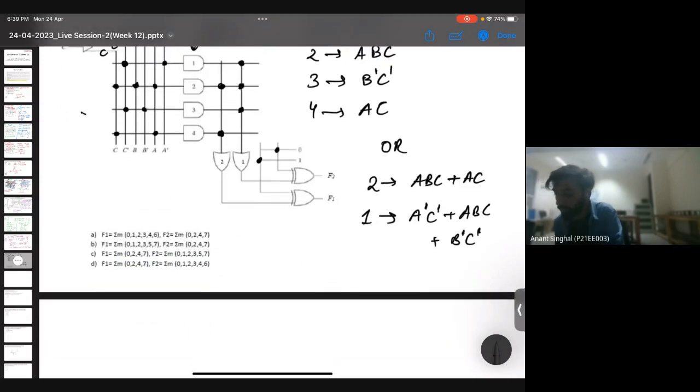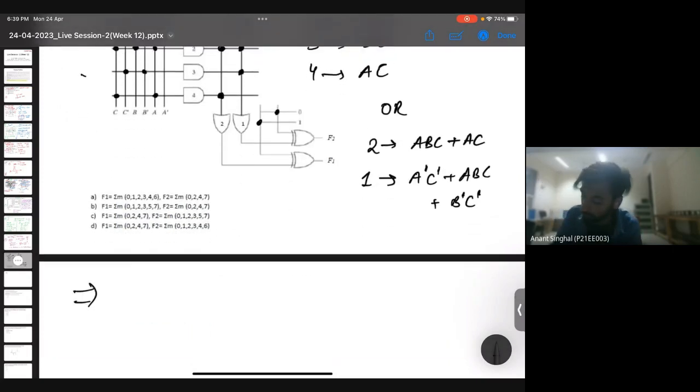Now we know that for an XOR gate at the final outputs F1 and F2, if we apply a 1 and we have an X here, it acts as an inverter. The output will be X bar. How is it coming? Suppose we are XORing: it is X into 1 bar plus X bar into 1.